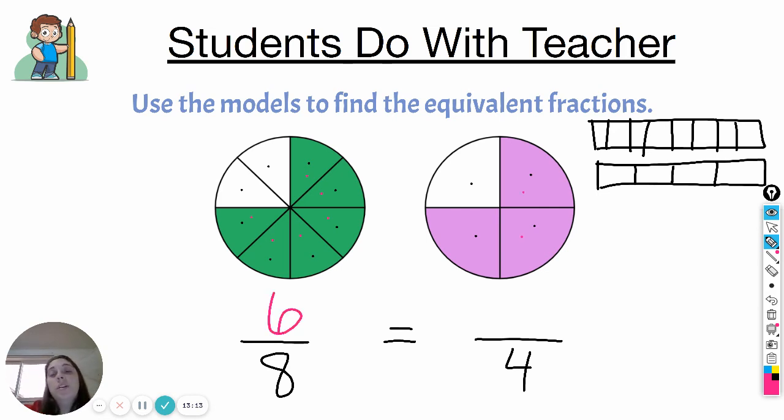Over here, 1, 2, 3 shaded pieces. So 6/8 is equal to 3/4. Those are equivalent fractions. On our number strips, that would look like 1, 2, 3, 4, 5, 6 pieces, and 1, 2, 3 pieces, and they come to the same spot on our number strip.